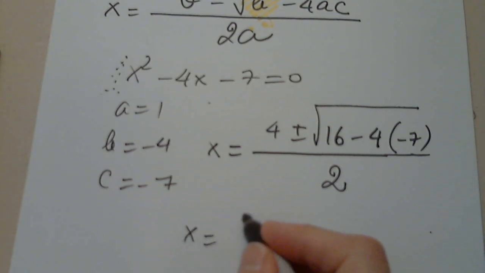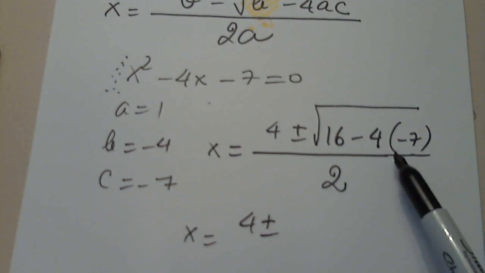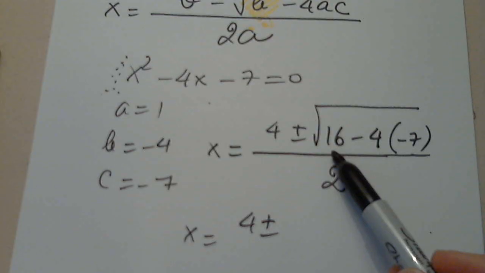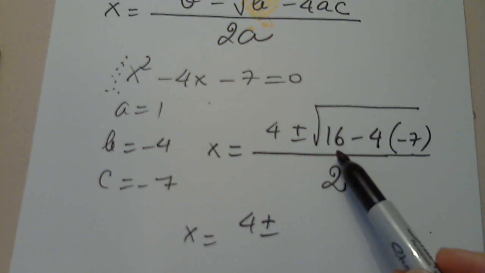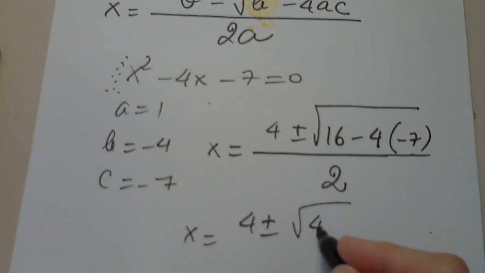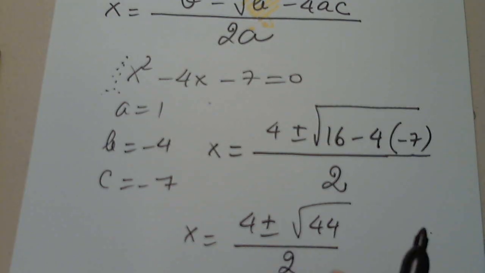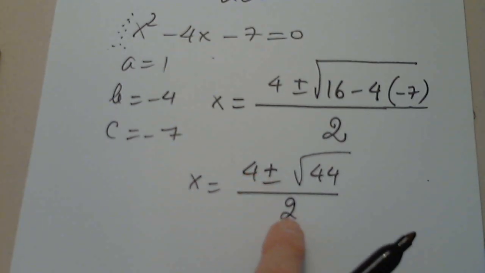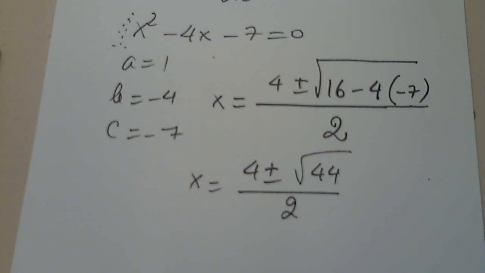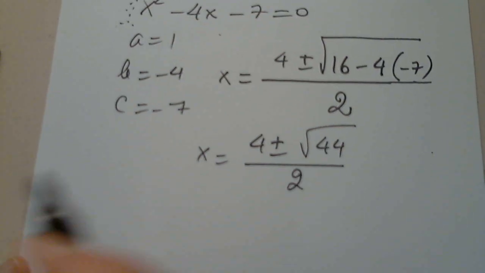So then x equals 4 plus or minus the square root of 28 plus 16, 44. The square root of 44 divided by 2. If you attempt to simplify a term with a factor, that would be a terrible mistake. Okay, we continue.